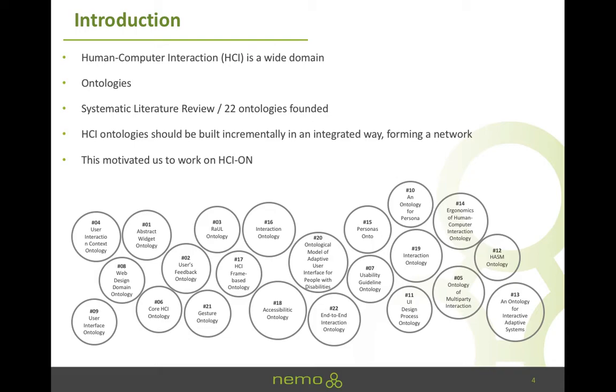And there are HCI aspects not covered by any of them. We argue that HCI ontologies should be built incrementally in an integrated way, forming a network. And this motivates us to work on HCI-ON.